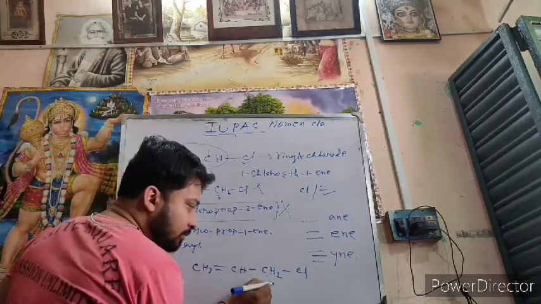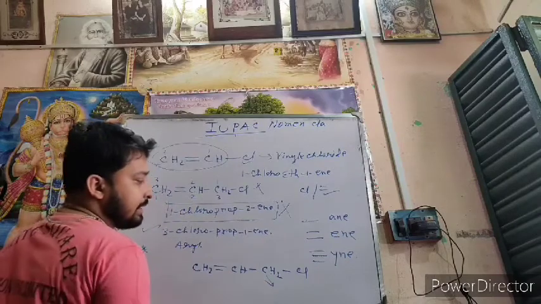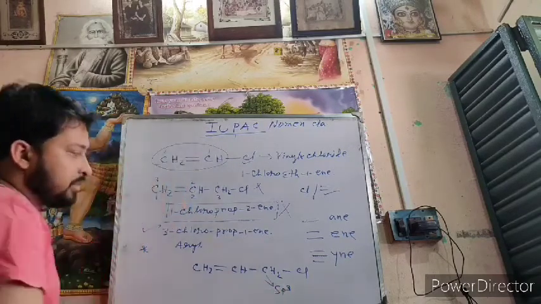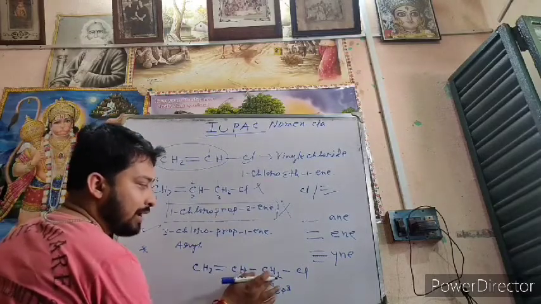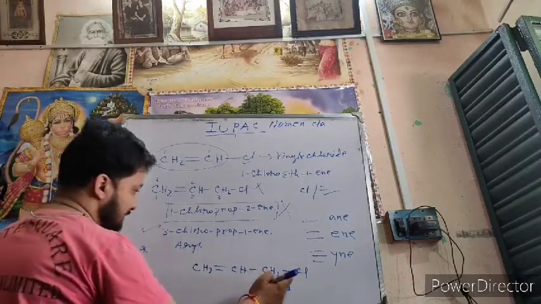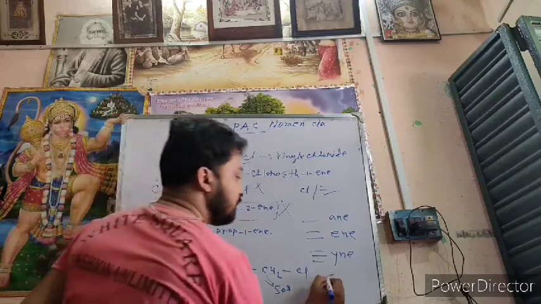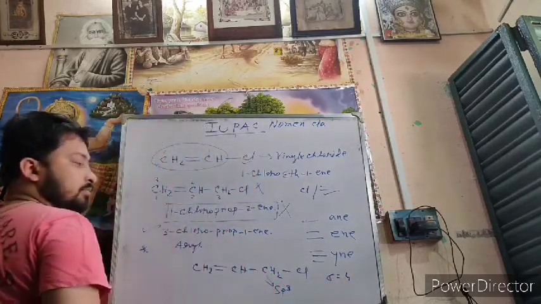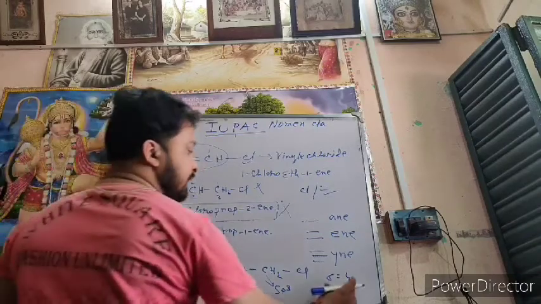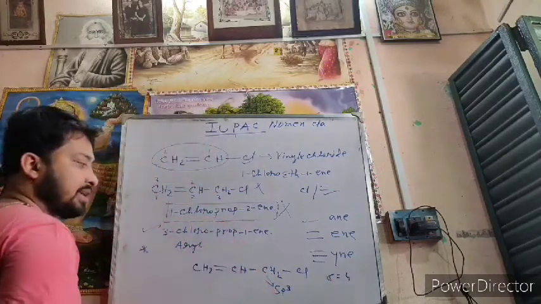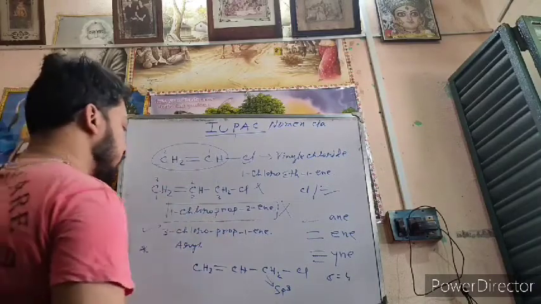The hybridization of this carbon is sp3. Why sp3? Because two hydrogens mean two sigma bonds, and this is also a sigma bond, and this is also a sigma bond. The number of sigma bonds is 4, and we know if the number of sigma bonds is 4, this carbon is sp3 hybridized.